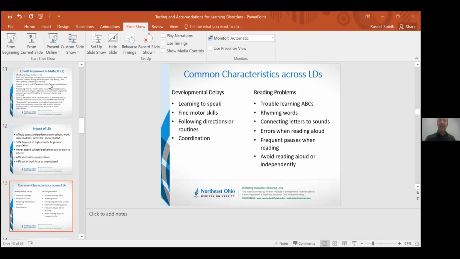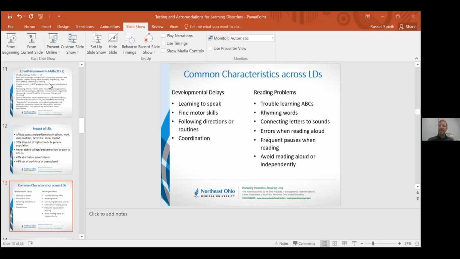Some common other characteristics: there can be some general developmental delays. It's interesting, my sister used to have to write L and R on her left and right hands because she could never remember. And to this day, when she's setting the table, she'll still put the silverware on the right-hand side. So there are these other things that you'll notice.